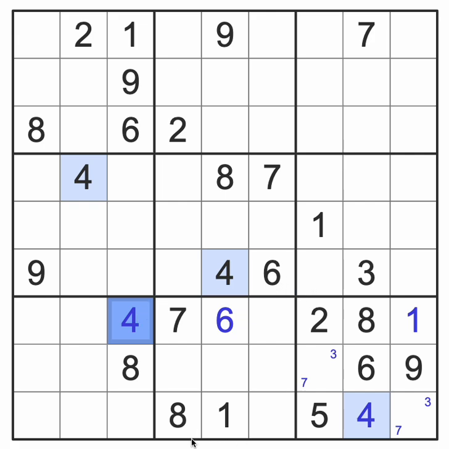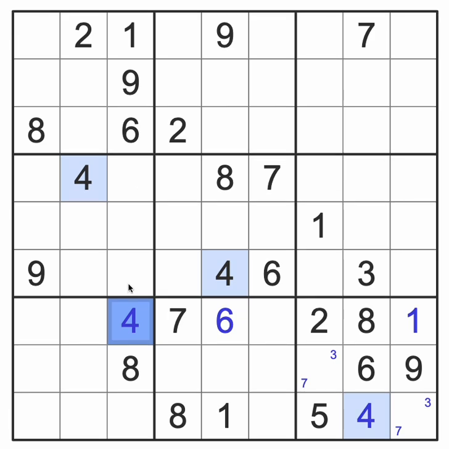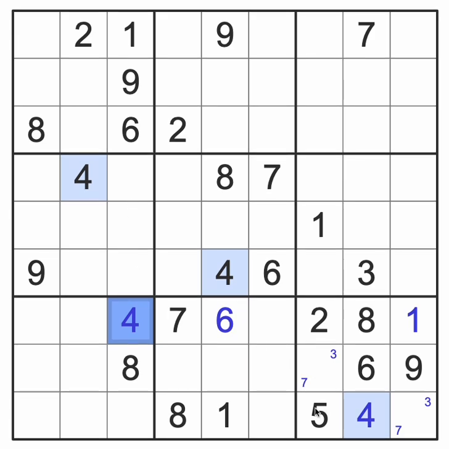And I think it's a good idea to mention this now. So this column is missing 2, 3, 5, 7. Among them, 5 is here, which means this cannot be 5. That means 5 will have to be used in one of these 3 cells.